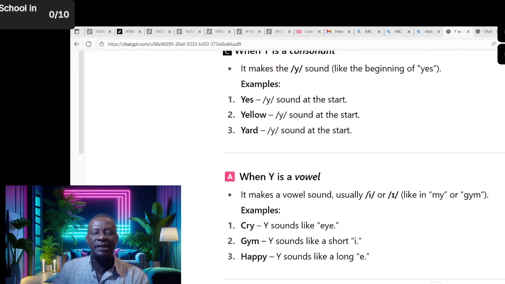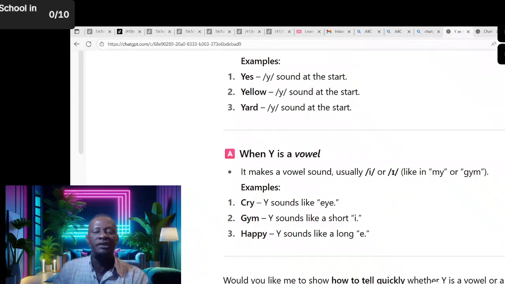Let's take some examples. Example number one when Y is a vowel is cry. You see cry? We are sharing the examples with you.